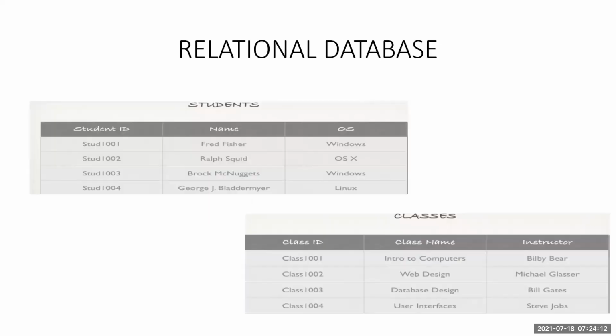Now, we looked at some concepts in database, and one of them was the relational database. When we have one big Excel file, what is it called? It's called a flat file. Sometimes the size of the data in that flat file can be very large, and imagine you want to do an update.